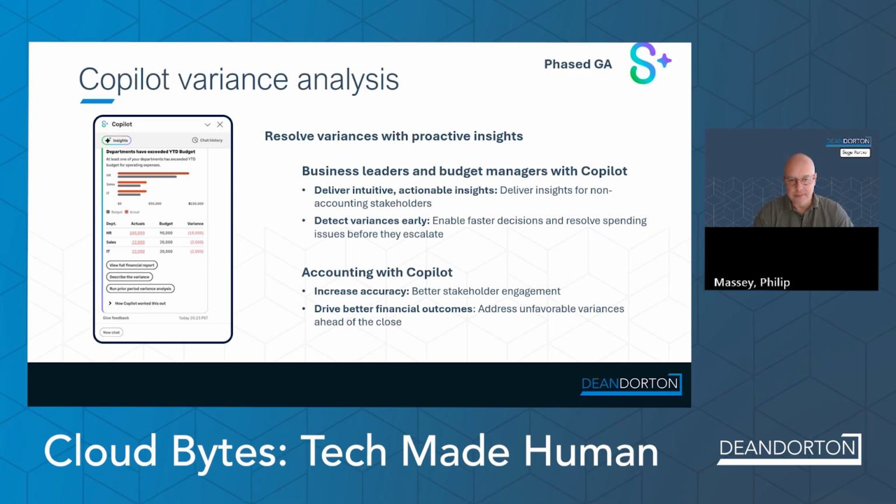But this is called the Copilot Variance Analysis. And basically what it is intended to do is to find, you guessed it, variances. So this is the first part of the new close automation overall solution.